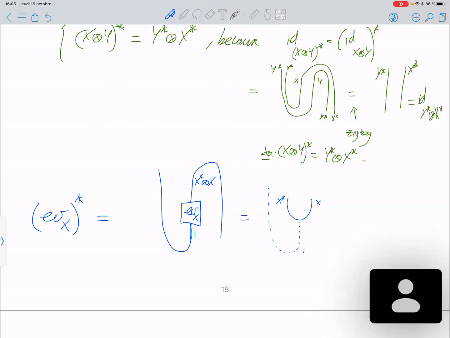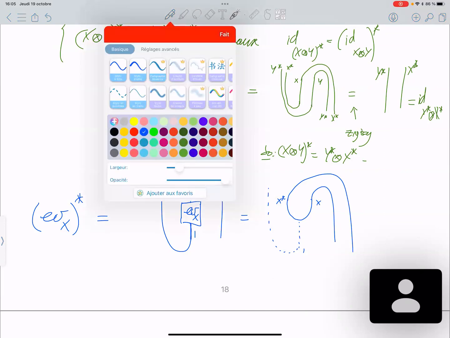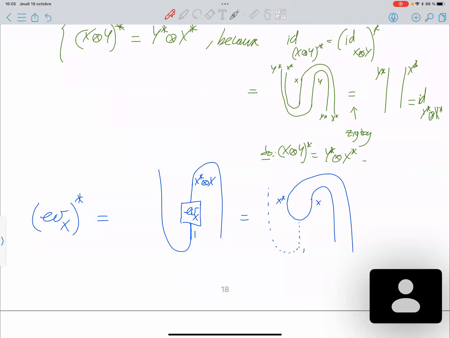And here, this is X star tensor X. So you have two, the X star tensor X like that. And you have one zigzag relation to consider.